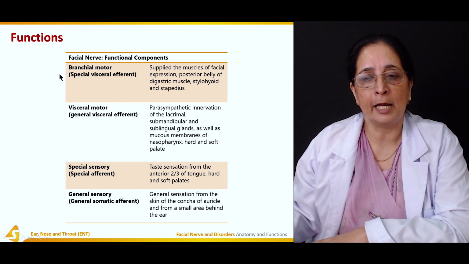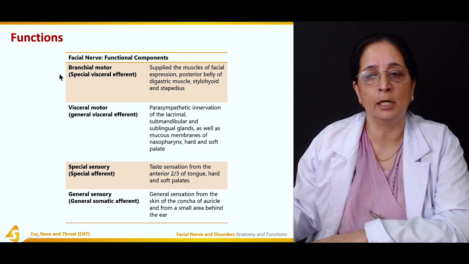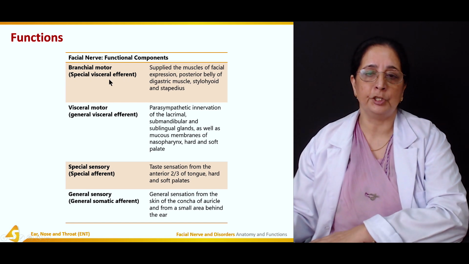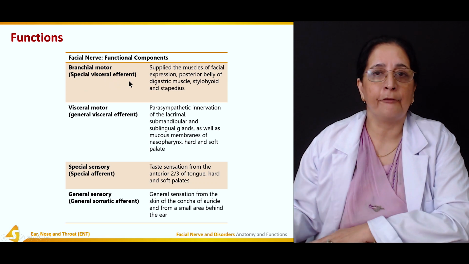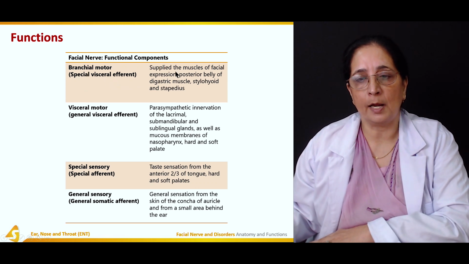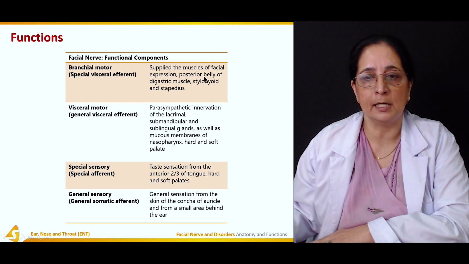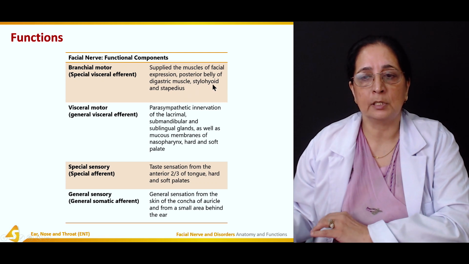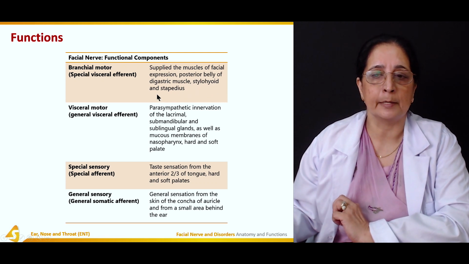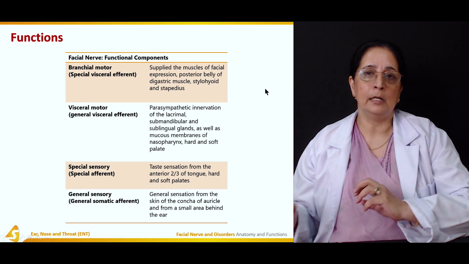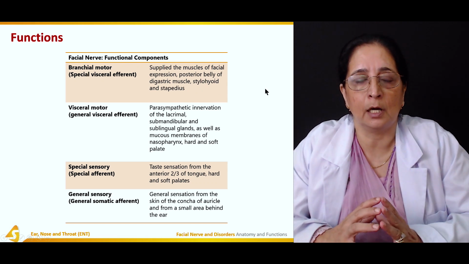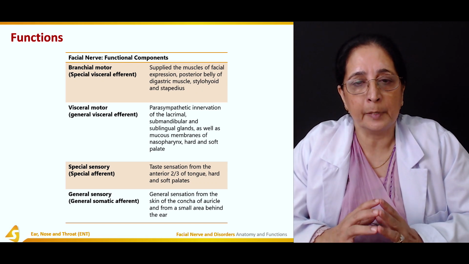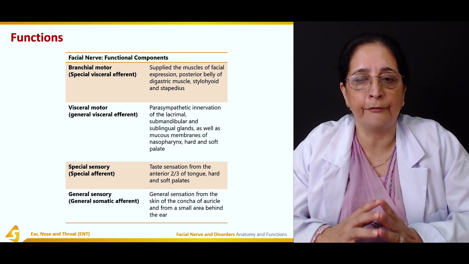So the branchial motor, which is special visceral efferent, supplies the muscles of facial expression, the posterior belly of the digastric muscle, and also the stylohyoid and stapedius. All these structures are supplied by special visceral efferent.